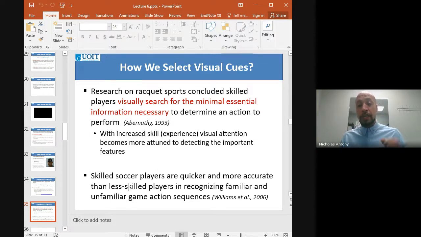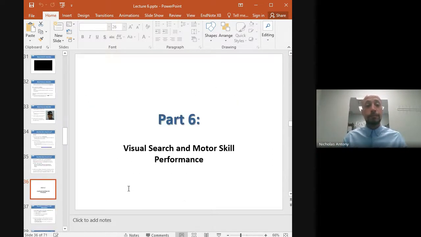With soccer players, they did amateurs and professionals, and they showed them a play on the screen. The professionals were better and quicker at picking out what the play was versus the amateurs, meaning that visually, subconsciously, they were able to pick out what from the environment was the most important.